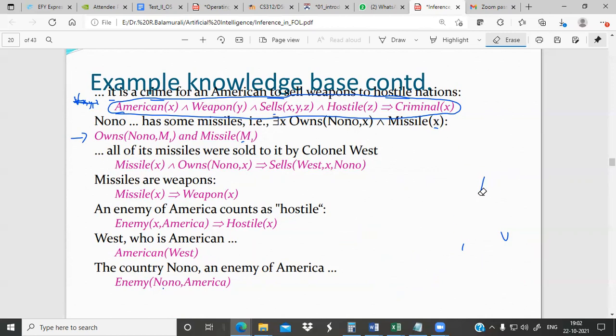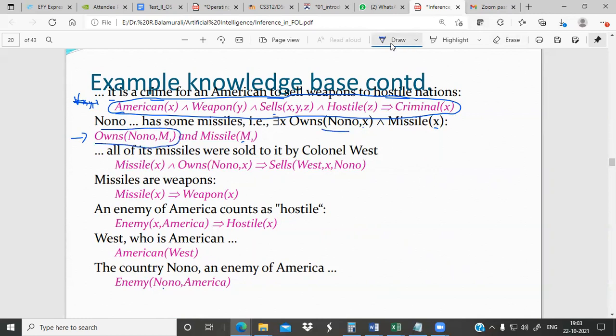If you take the second statement, both parts were positive and connected with and. Hence, you can split it into two different statements. Although there are two positive literals, you can split this into two different statements. After applying existential instantiation, it is split into two different statements.